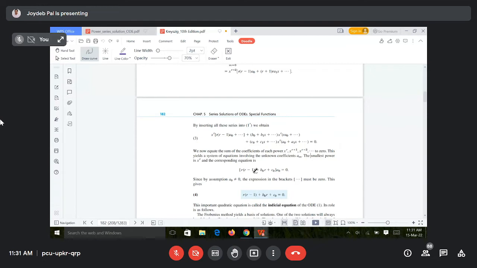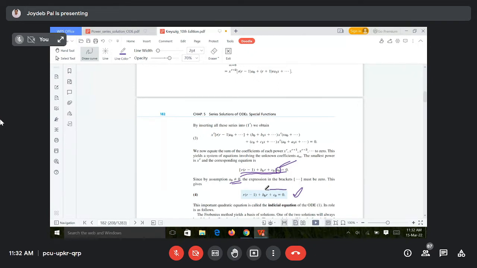It is an equation in r. यहाँ पे हर एक टर्म में a नॉट कॉमन है एंड a नॉट नॉट इक्वल्स टू 0. यहाँ पे ये यूज हो रहा है एक्चुअली. a नॉट नॉट इक्वल्स टू 0 है तो ये वैनिश हो जाएगा. दिस इक्वल्स टू 0 हो जाएगा. राइट. सिंस a नॉट नॉट इक्वल्स टू 0, therefore r into r minus 1 plus b naught r plus c naught equals to 0, and it is what? It is a quadratic equation in the variable r, isn't it?